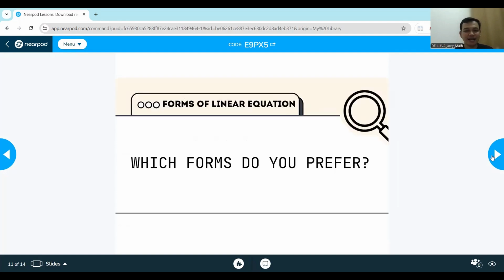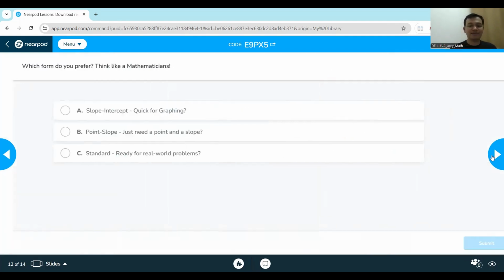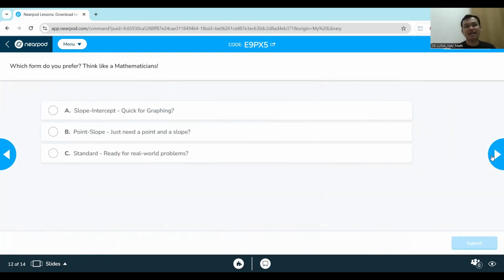Okay, now let's reflect on the previous question. So, which form do you prefer? To identify your preference on those three major forms of linear equation, there is a poll here. Which form do you prefer? Think like a mathematician. Is it A, slope-intercept, which is quick for graphing?